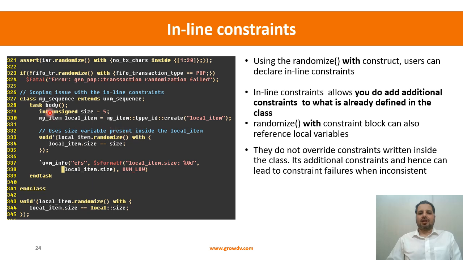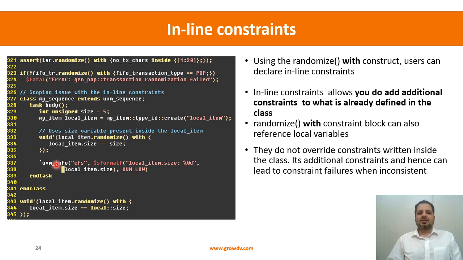The local variable meaning, if I have this task body and I have defined a local variable, sometimes this local variable is trying to constrain another variable that's present at the class level. For example, in the class my item, I have another variable called size, and I want to constrain that variable to the value present in the local variable, which I might find convenient to give the same name.